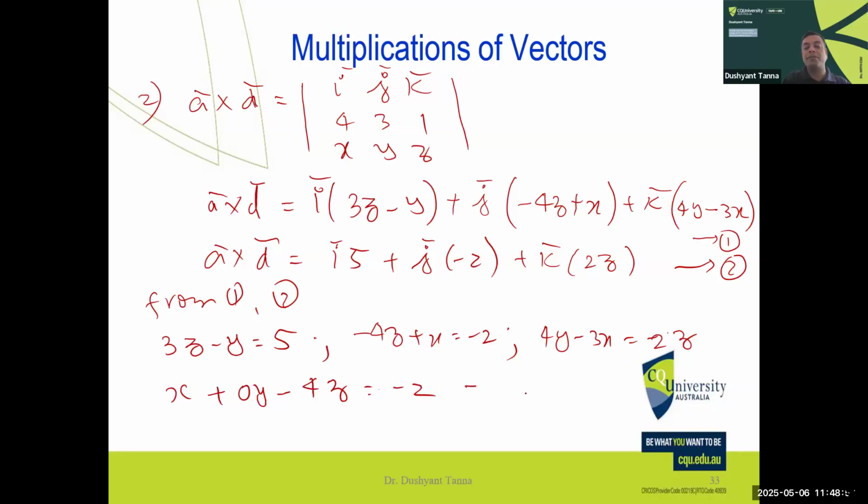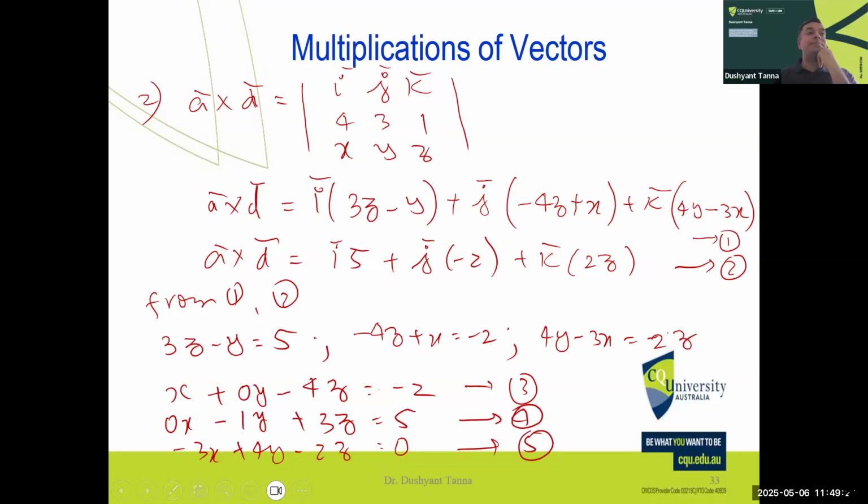That's my first equation. So I call this third because I already got 1 and 2. Second, doesn't matter. So I'll leave the 0x, 1y. That's my second equation. And the third, keep the x, y, z on one side.